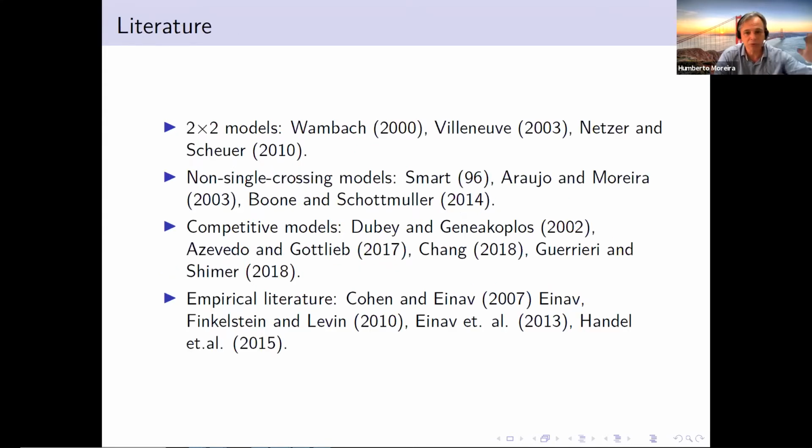Let me go to, so I'm going to skip that. It's just the literature, very briefly, to say how our paper fits into this literature. So you have theoretical models, 2x2 models, single crossing models, and on the side of multidimensionality and of the competitive structure, we have a huge literature. More recently, we have this paper by Azevedo and Gottlieb. They have a general existence result in a very general multidimensional model.